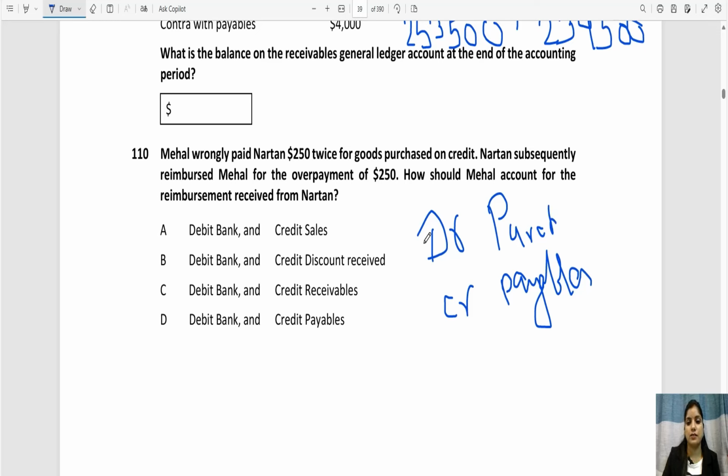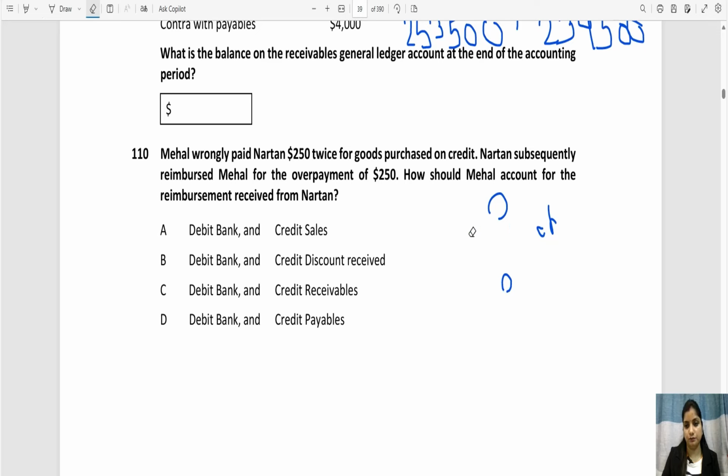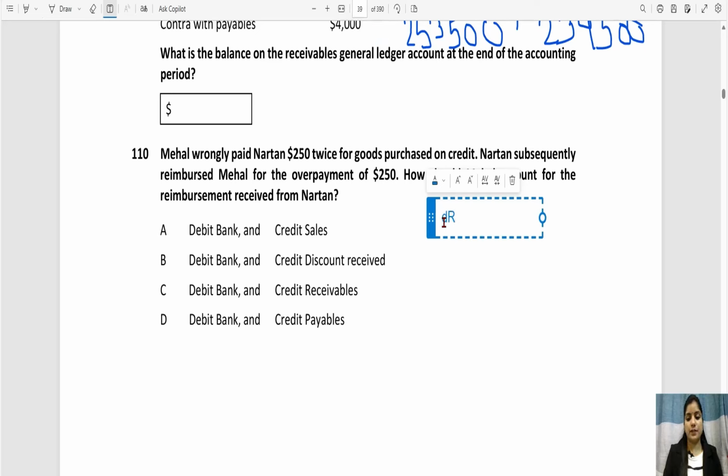Okay, so now this is purchase. I can write it through the notes as well. Let me do that. So we will have a debit purchase of 250, right? And credit will be payables, 250.